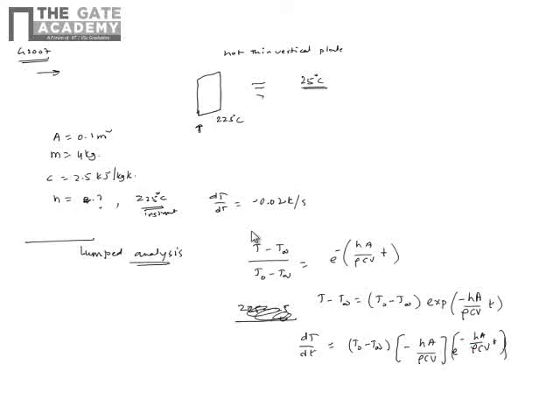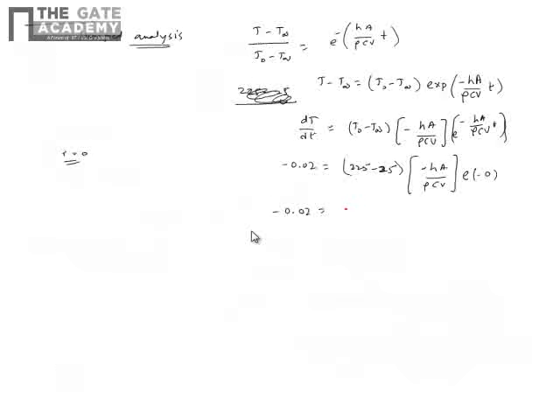At the instant when the temperature is 225, this is 0.02 and T0 is 225 minus the base, 25. I am starting at this point, so t is 0, and e power minus 0 is 1. So this is 0.02 equals 200 times minus h, and the surface area is 0.1.